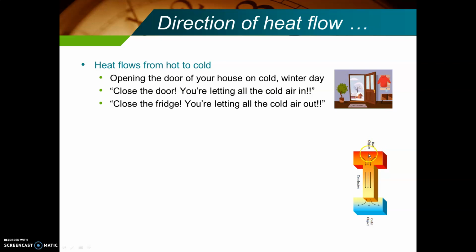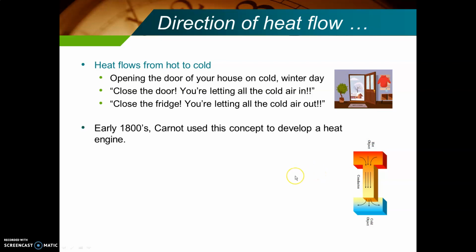Like the waterfall, the water is going to fall from the top of the waterfall to the bottom of the waterfall. And if I could harness that flowing of water, I could build an electrical power plant and produce energy. But Mr. Carnot said he's going to harness that flow of heat to develop an engine.